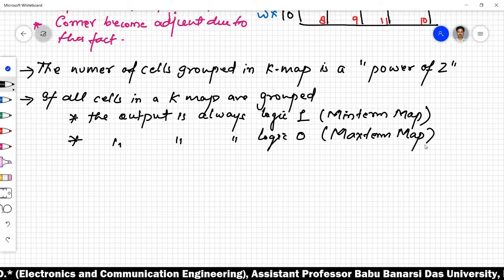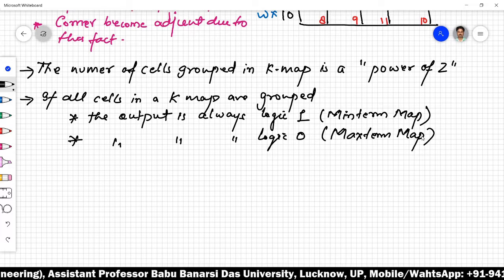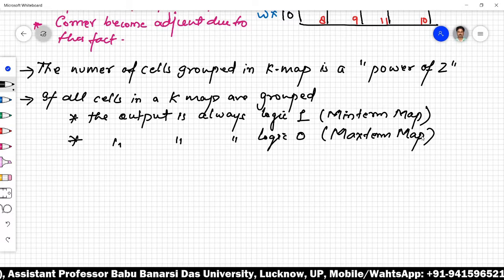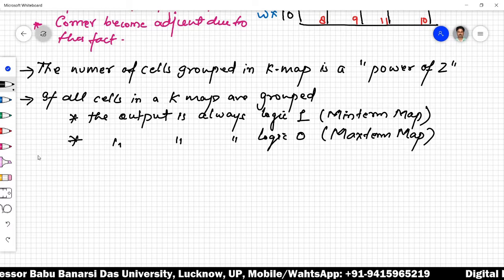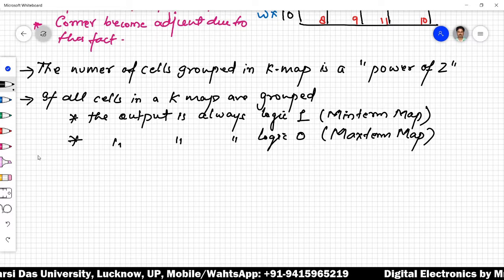This is a very important point. If you make a group of all the cells present in the K-map, then this will give you logic 1 or 0 depending upon which Karnaugh map you are using.